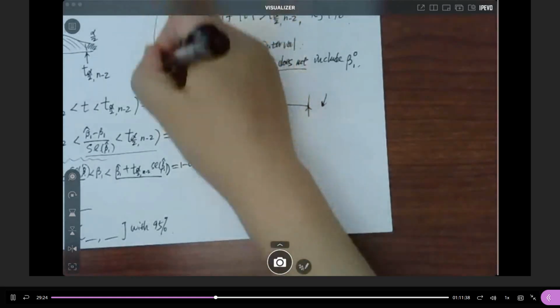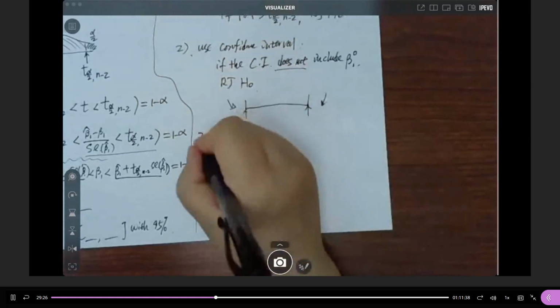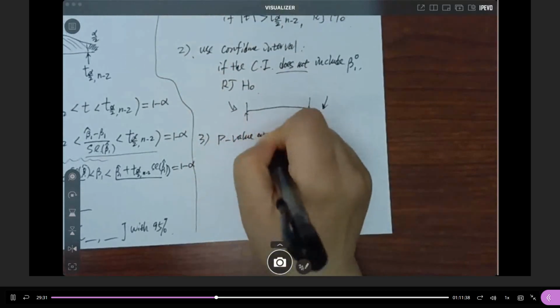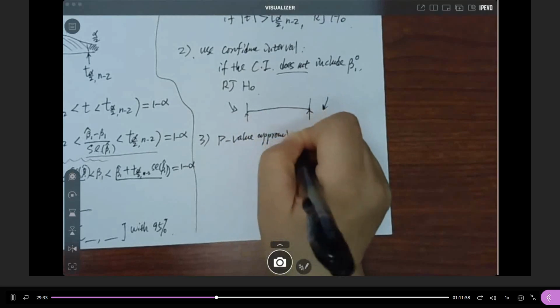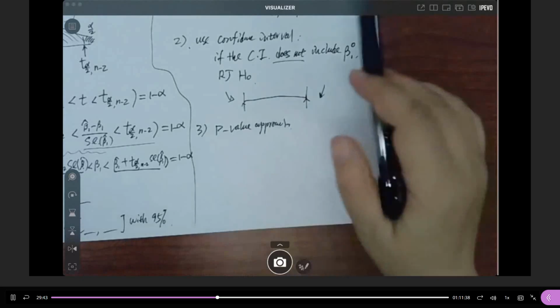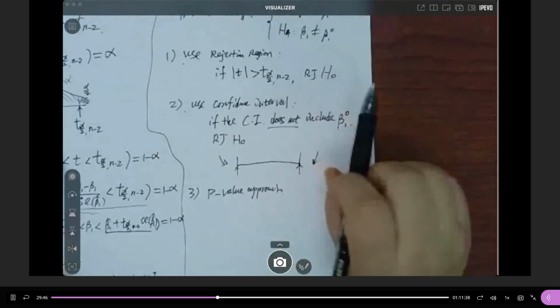What else can we do for hypothesis testing? We also have the third method called the p-value approach. The p-value approach asks you to calculate the probability, so comparing probability instead of comparing the cutoff value. This is a two-tailed test.